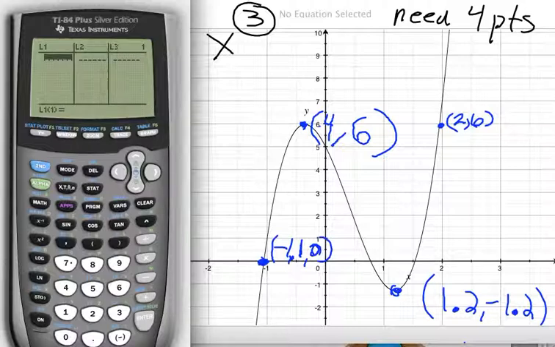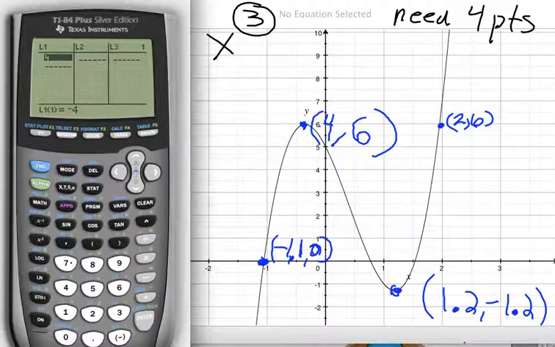In L1, we've got 4 points. It's negative 0.4.